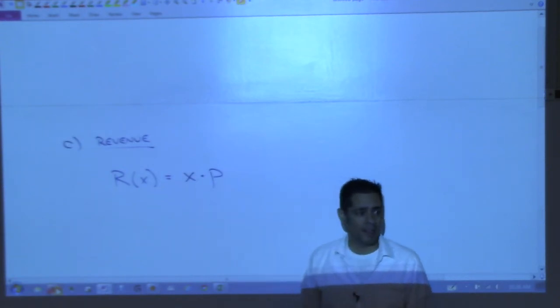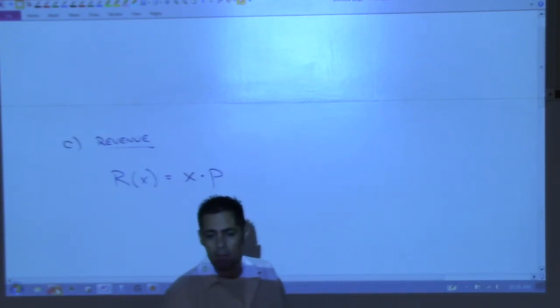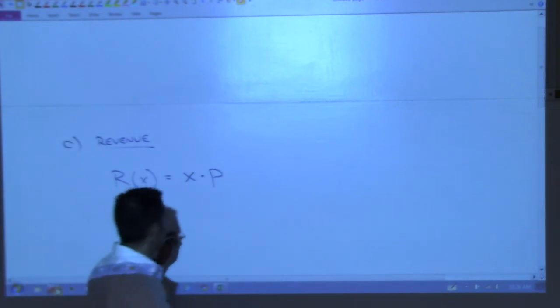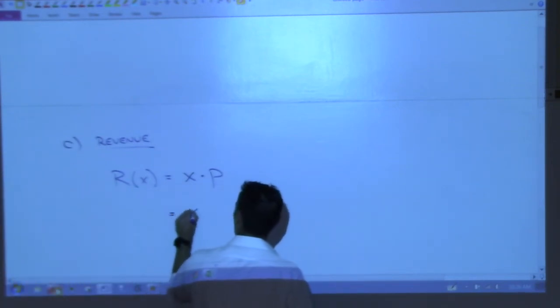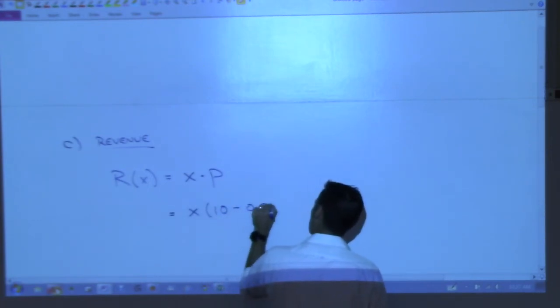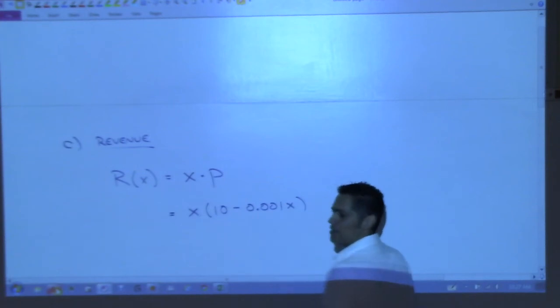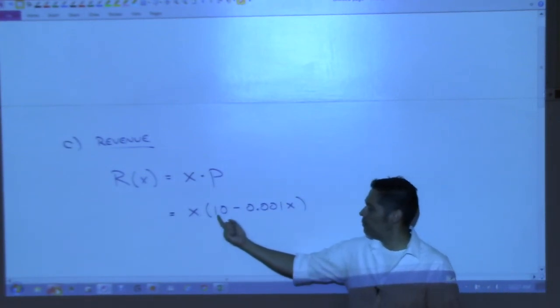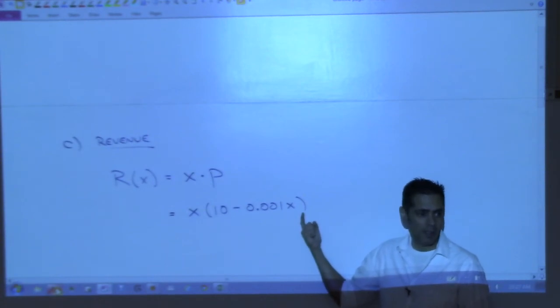Do we know what the price is? Yeah, we do. We actually have it written down. We found the domain of it a second ago. Wasn't the price 10 minus 0.001x? See, our research department was able to provide us the price-demand equation.